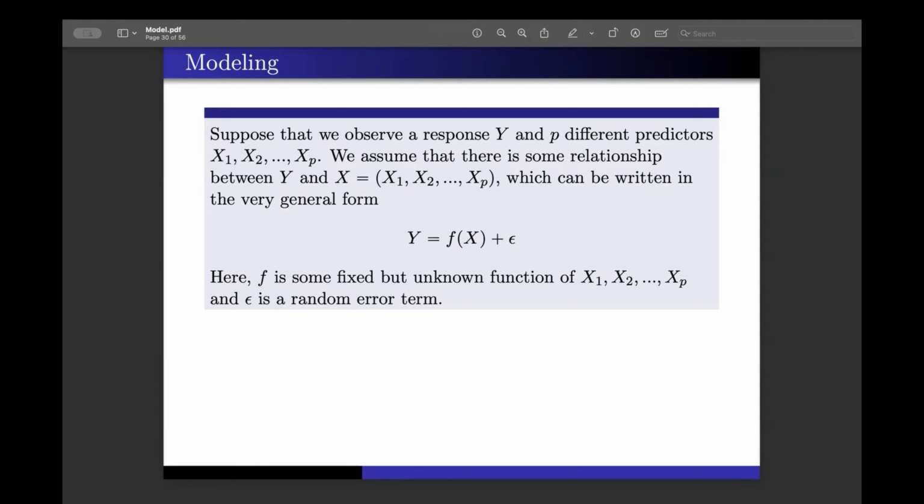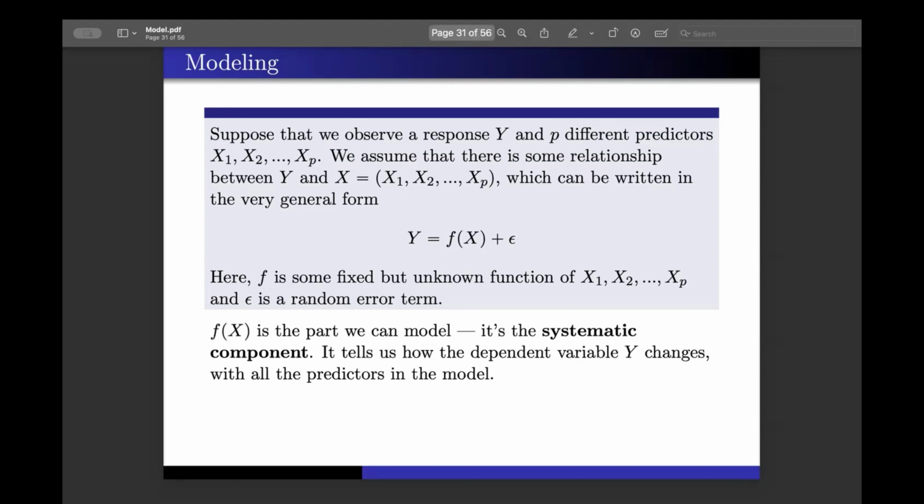That is not known to us. So here this function f represents a fixed but unknown function of all the independent variables present in the model. And then we have this term e, which is called the error term.